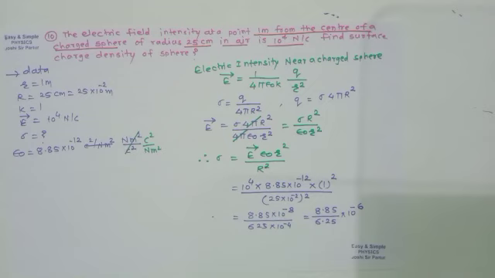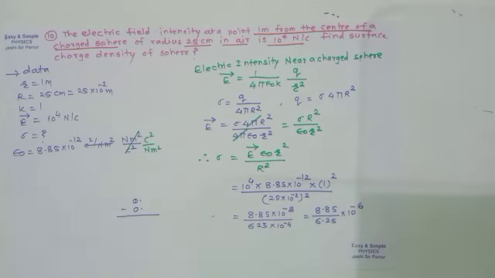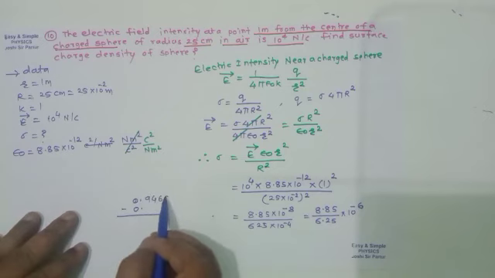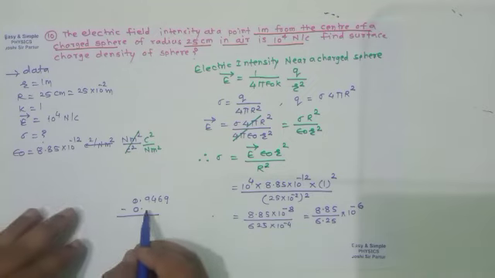So if we use logarithm, the numerator has characteristic 0 and the denominator has characteristic 0. So here 88 in 5 will be 9469, and 62 in 5 will be 7959.